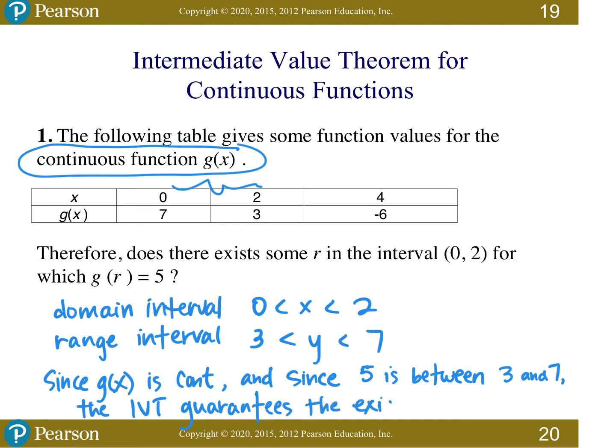It guarantees the existence of g of r equals 5. That we're guaranteed that somewhere, sometime, you were 5 years old. That would be a sample of how you would write an explanation from a table.